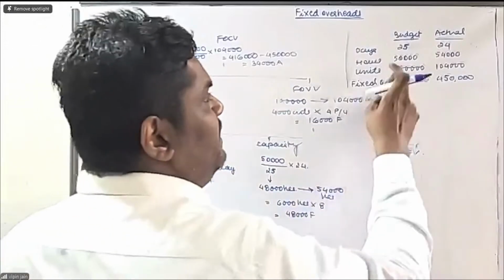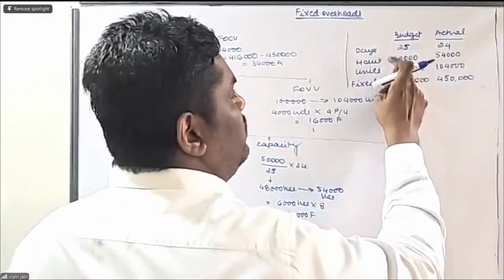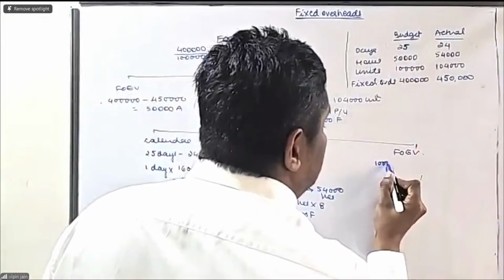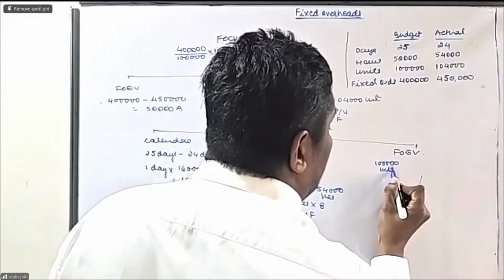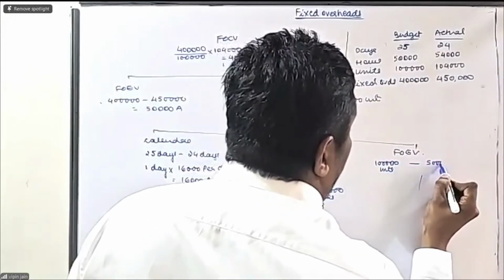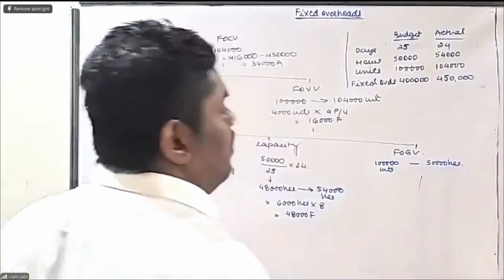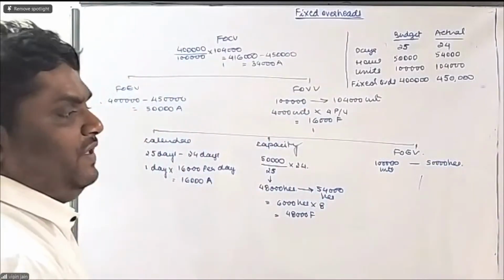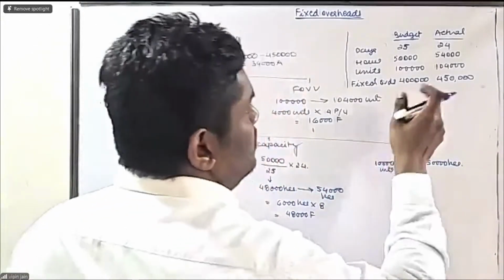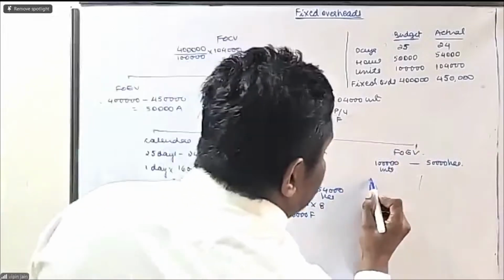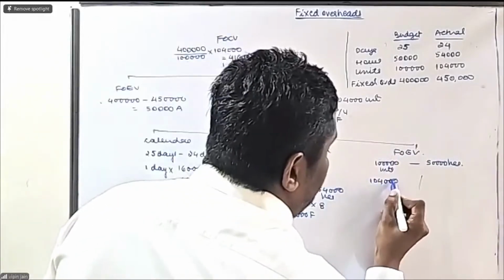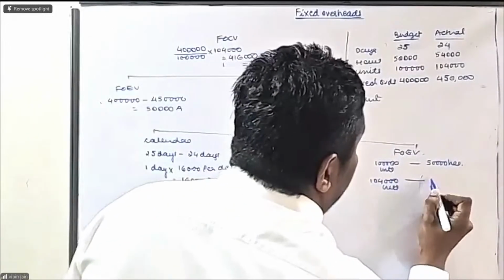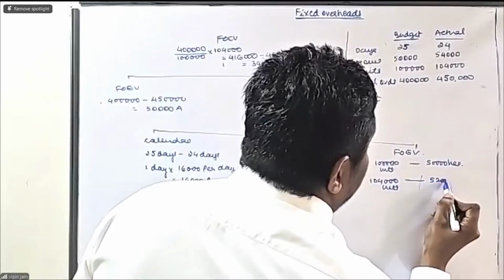Now efficiency, 1 lakh units, 50,000 hours. So 1 lakh 4,000 units, how many hours should it be completed in? 52,000 hours only.